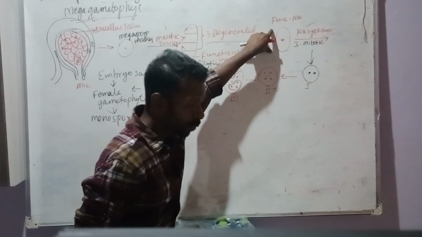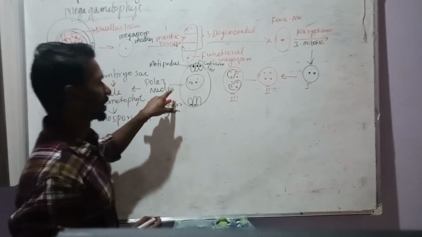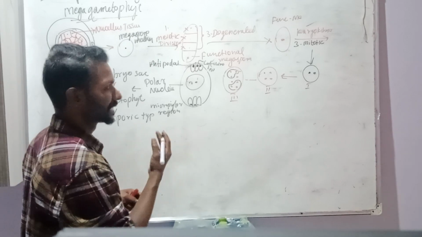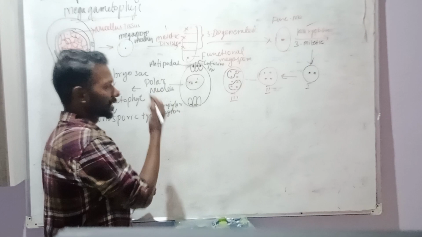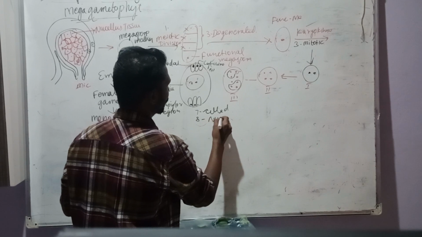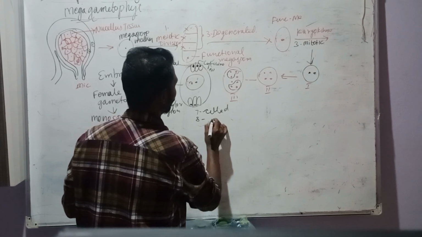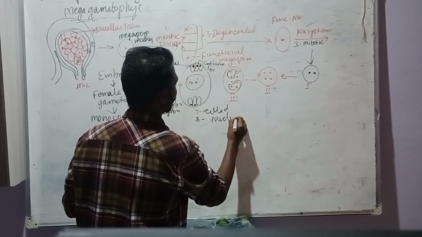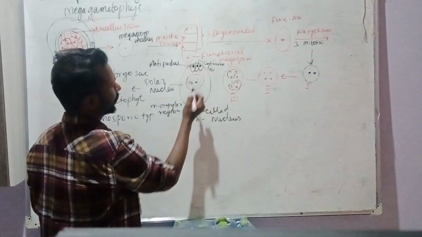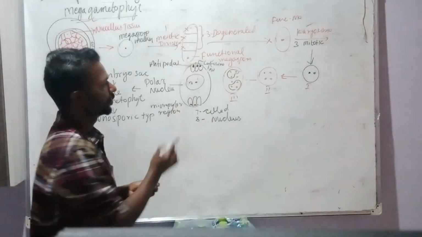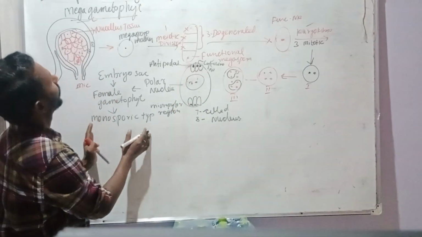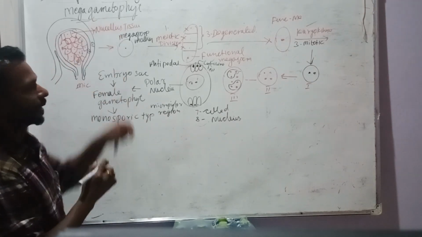Because with one functional megaspore, it is able to produce a large embryo sac with 7 cells and 8 nuclei. Why 7 cells? 1, 2, 3, 4, 5, 6, 7 cells and 1, 2, 3, 4, 5, 6, 7, 8 nuclei. So with this, we complete the development of the female gametophyte.